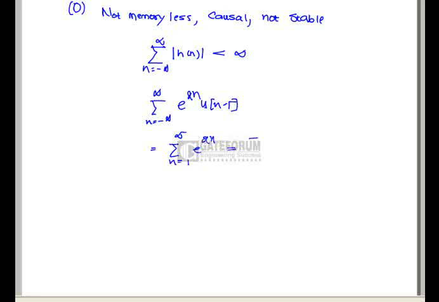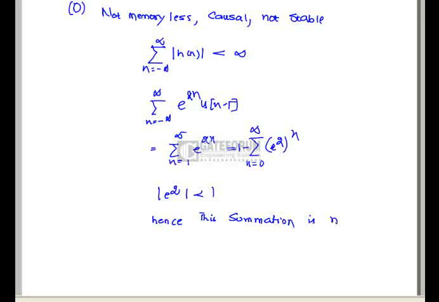This we can write as e^2 times the sum from n = 0 to infinity of e^(2n). The magnitude of e^2 is not less than 1, hence this summation does not converge.